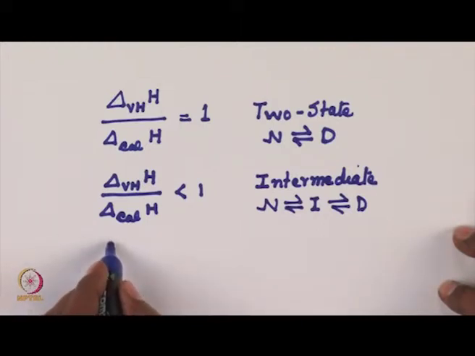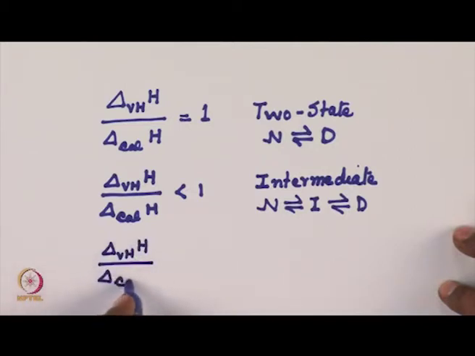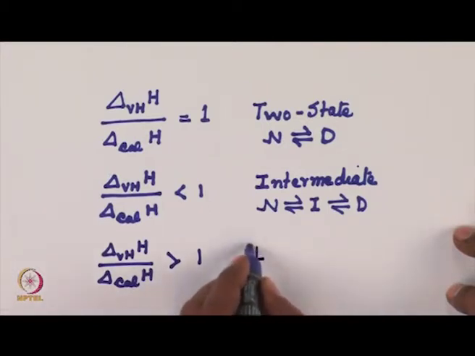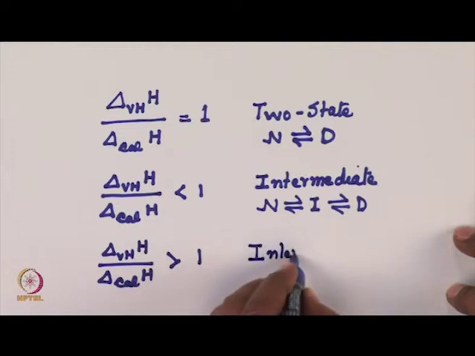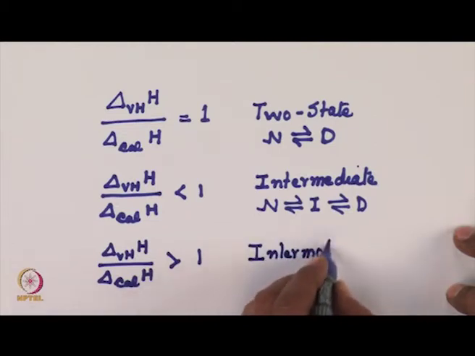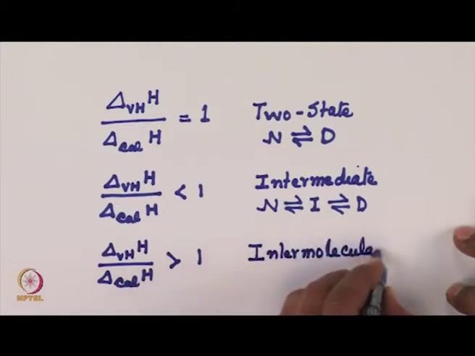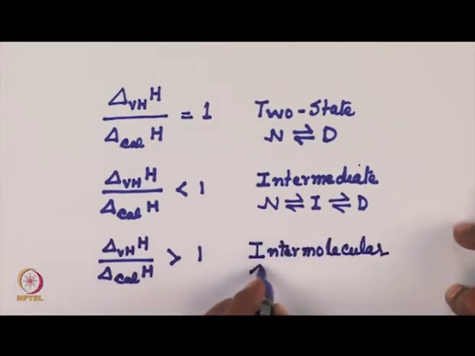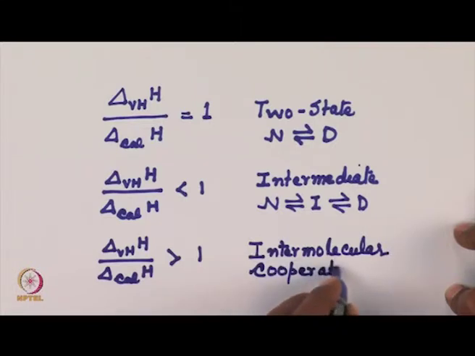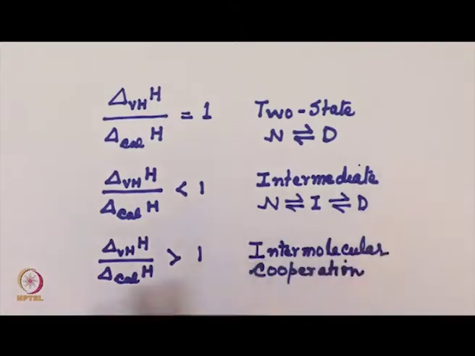The third possibility is Van 't Hoff enthalpy over calorimetric enthalpy greater than 1, and that suggests intermolecular cooperation in the unfolding process.